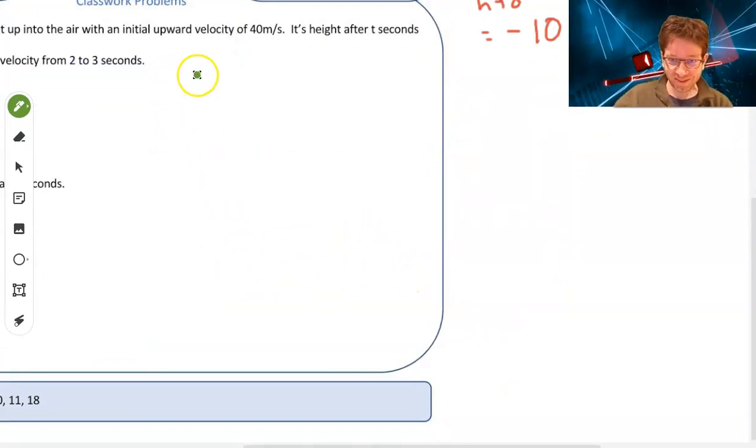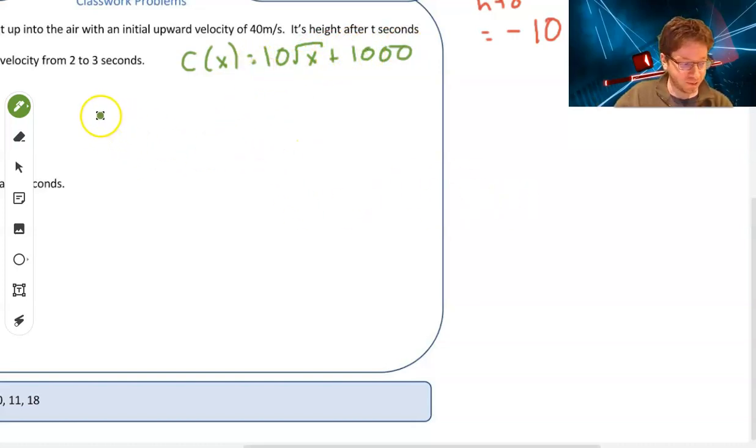Let me just rewrite our function down here because I need some space. So our function c of x is 10 times the square root of x plus 1,000. And to figure out that rate of change, we're going to need to find the limit as h approaches 0 for that function at 100, because that's what we want, right?